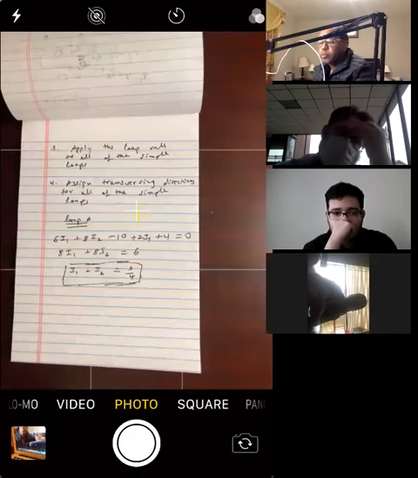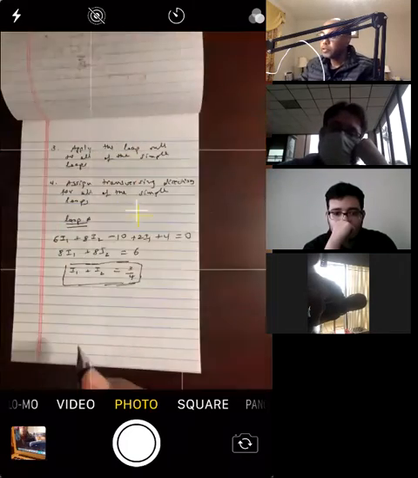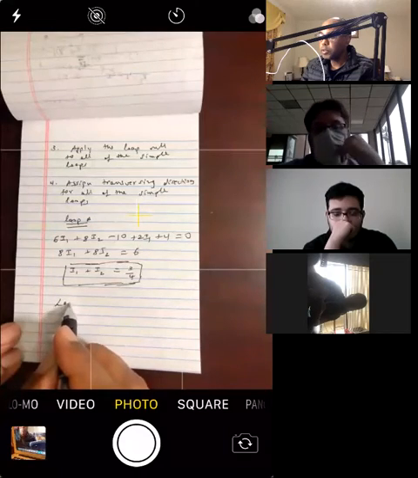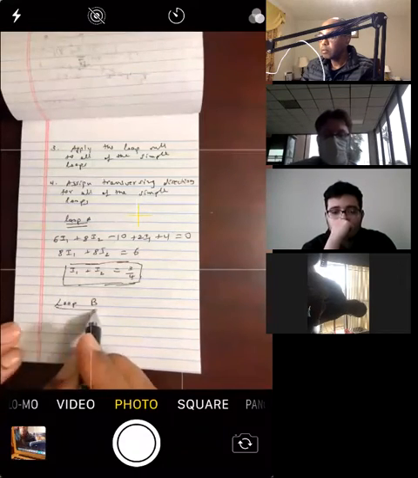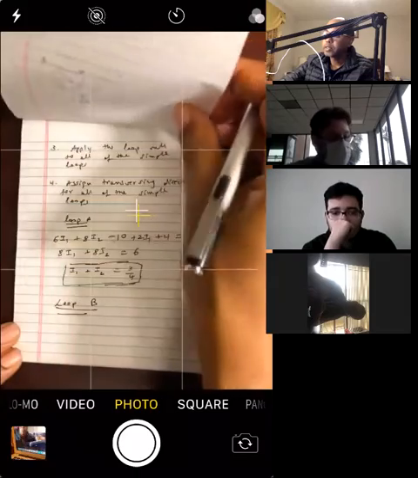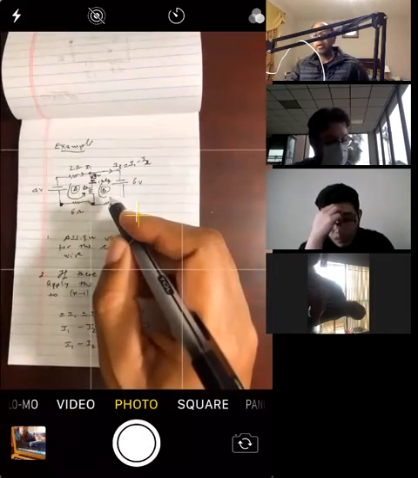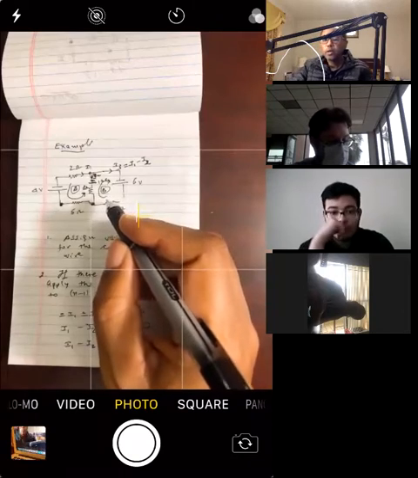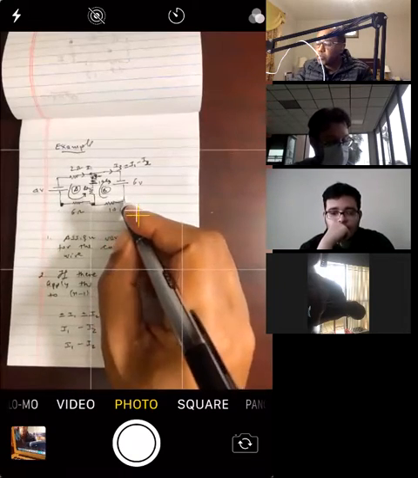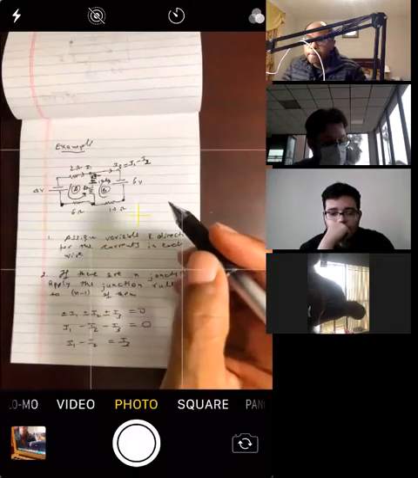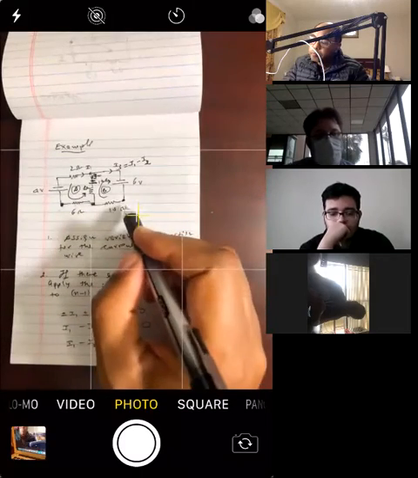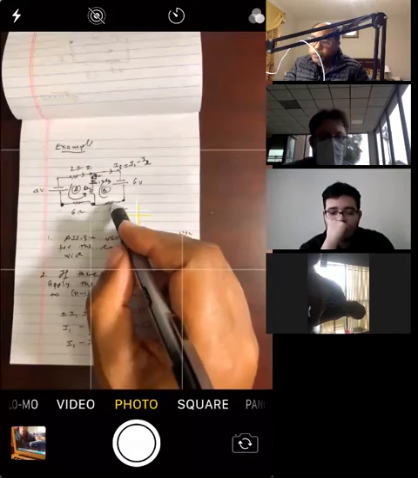I get it from loop B. So we're going to do the same thing for loop B. We've decided to go this way for this one, and it doesn't matter where you want to start, but let's say we start over here. And I'm going this way. When I go this way, this is the first resistor I encounter.